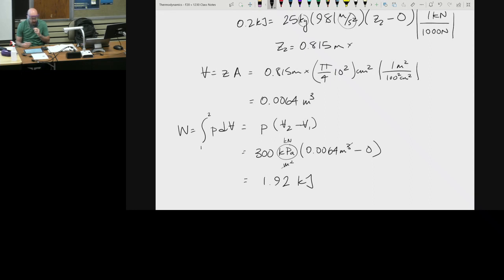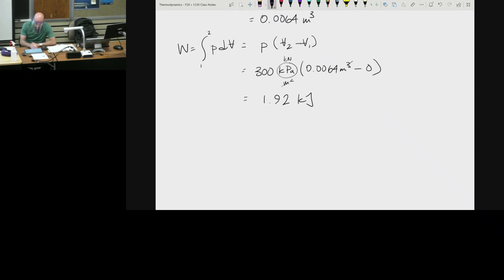Now, he wants us to continue with this problem and find out how much heat has been added for this to occur. Now we go to our first law. Delta KE plus delta PE plus delta U is equal to Q minus W. They told us that the kinetic energy and the potential energy are negligible. But you might ask this question.